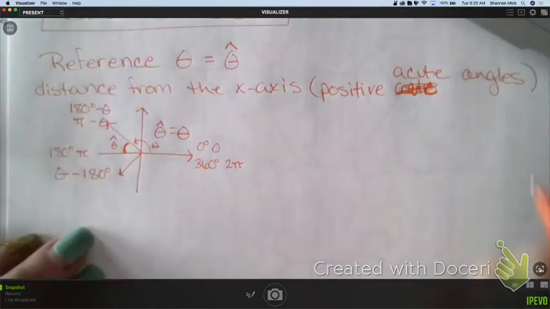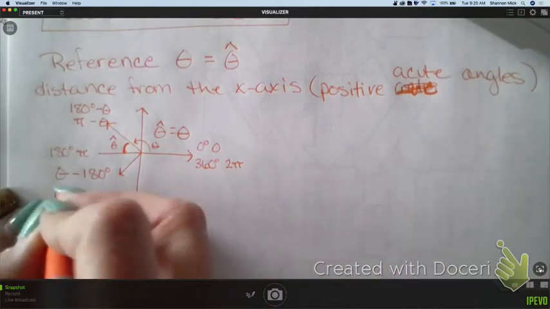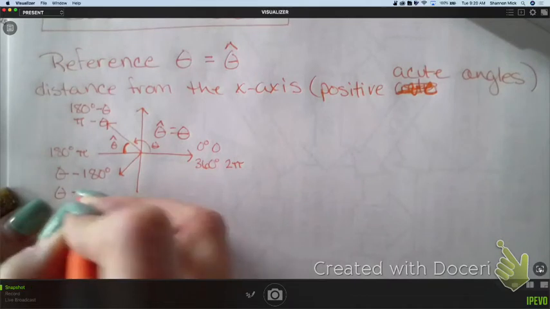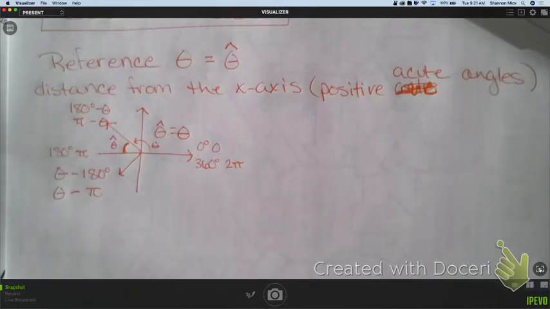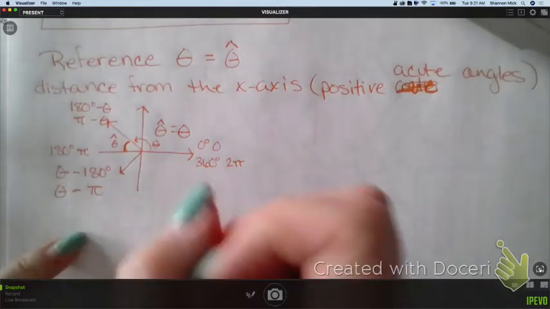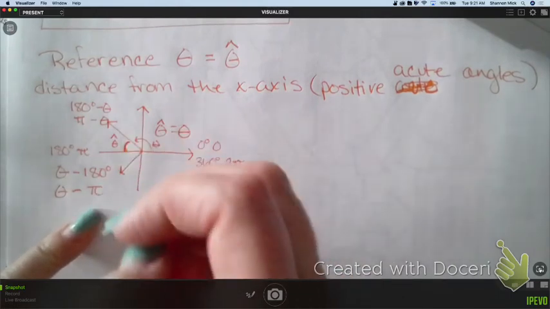So remember that. So theta minus 180 or theta minus pi. How do I know which one to use? Radians or degrees. With pi, you've got to make sure you have common denominators when you're subtracting. Don't forget that.